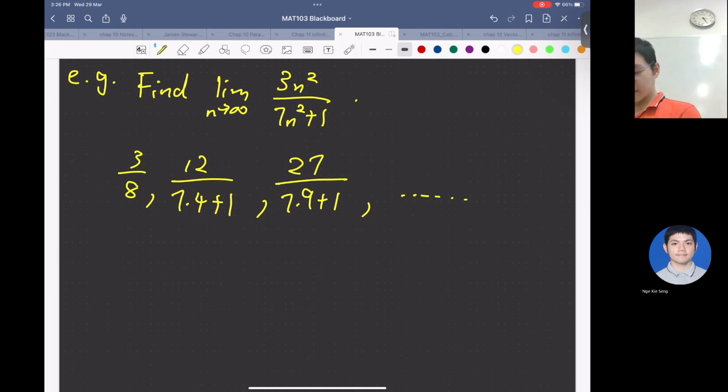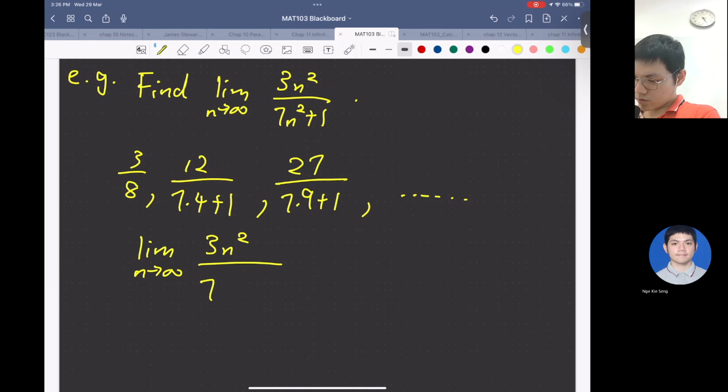Actually, there's one way to see this. Let me write it out. In limits, you always have a trick. You can multiply by 1 to that function. What can you multiply?